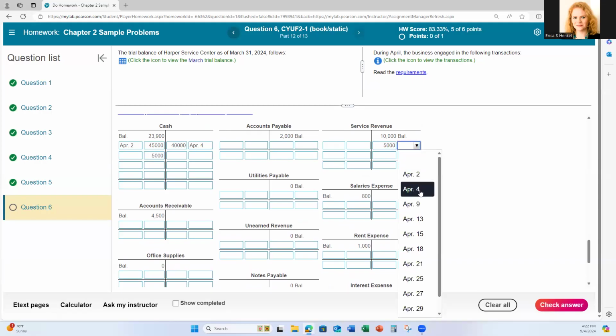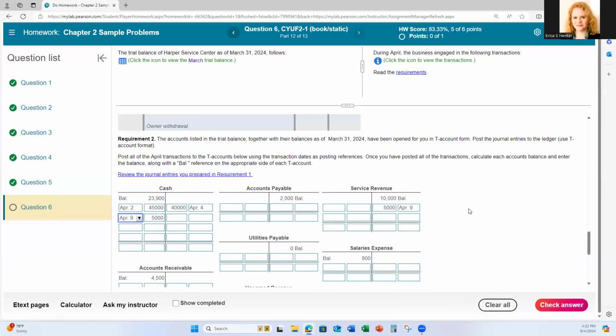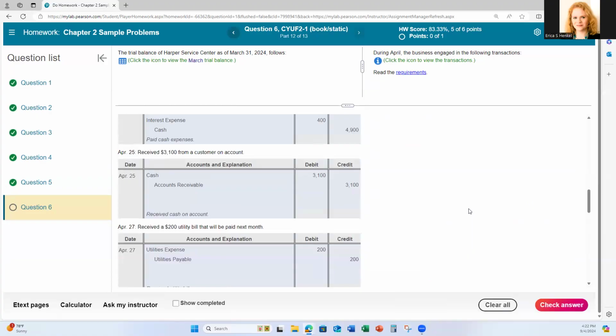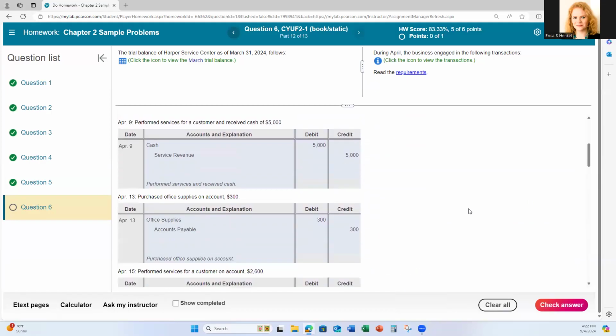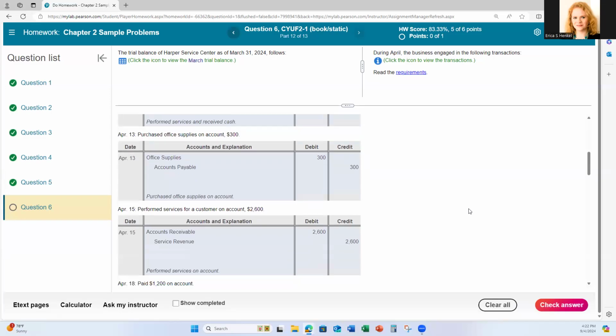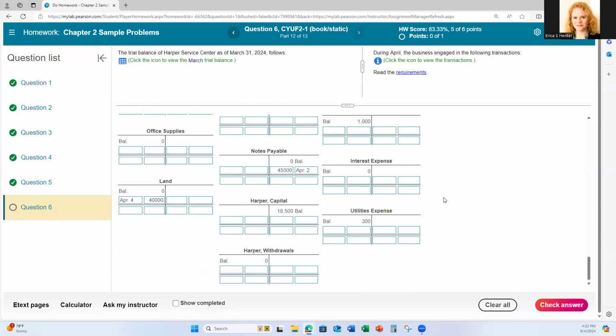Oh, let's see. That was our third one, so it's got to be the 9th, right? Okay. All right. So debiting office supplies, crediting accounts payable for 300. So office supplies, accounts payable, 300.